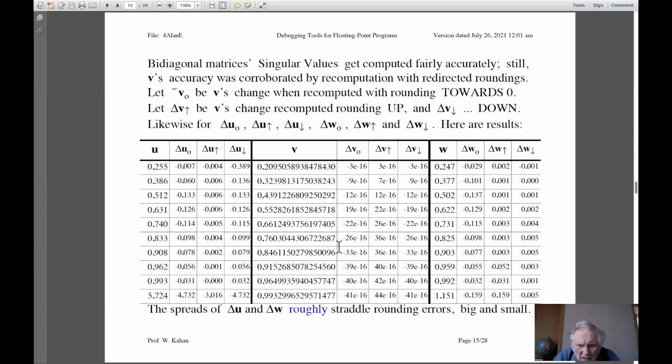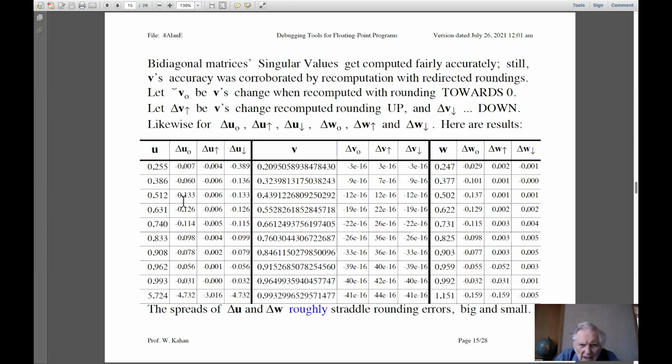Numbers which are of the order of 1 get changed by 10 to the minus 16. But with the conventional way of doing the job, you still get numbers that are of order of magnitude 1, except for this guy down here, which is rather big.